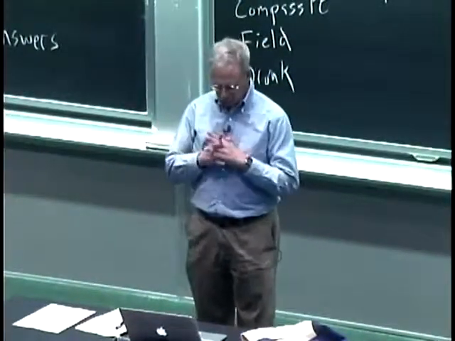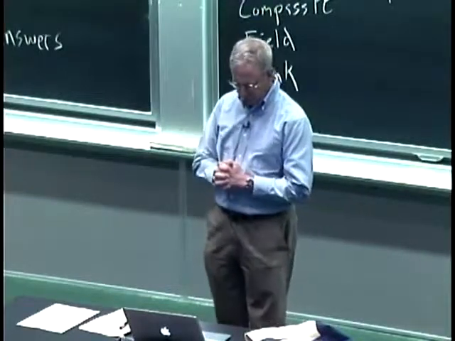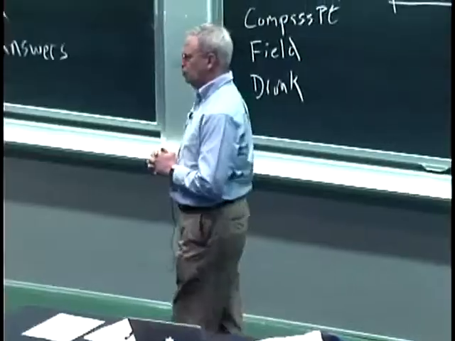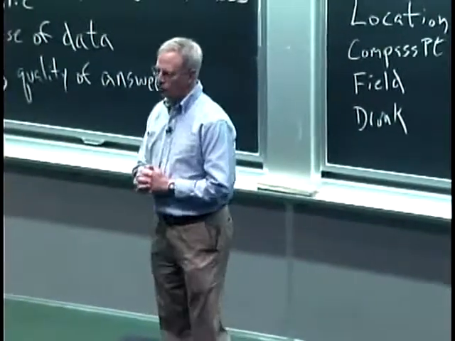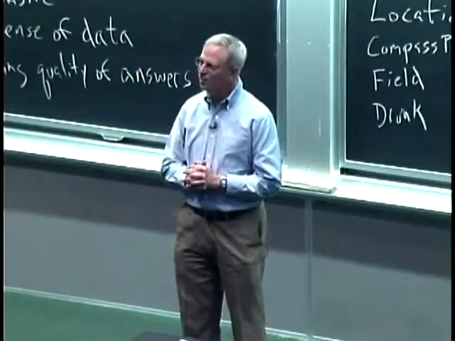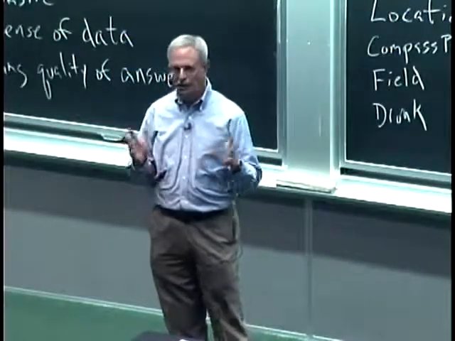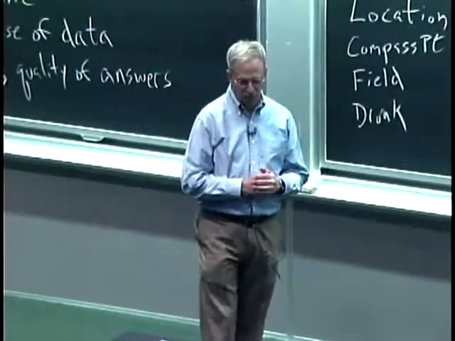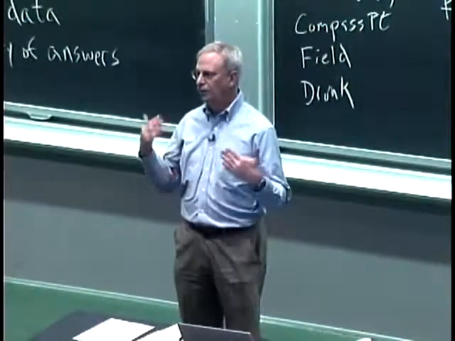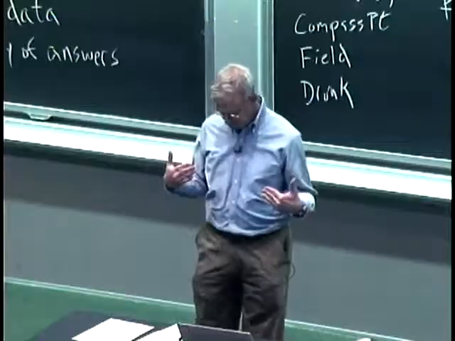go back to something about the first two abstractions, compass point and location. Whenever we design one of these abstractions, we're making some things possible and some things impossible. We're making decisions. And so what decisions are encapsulated in these first two classes?